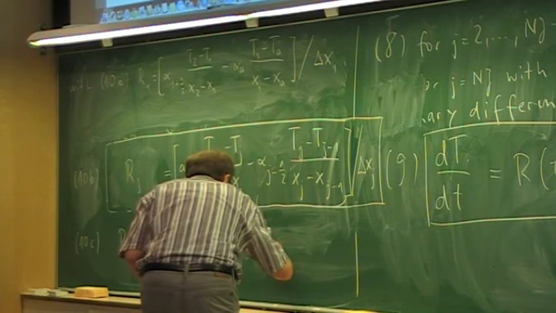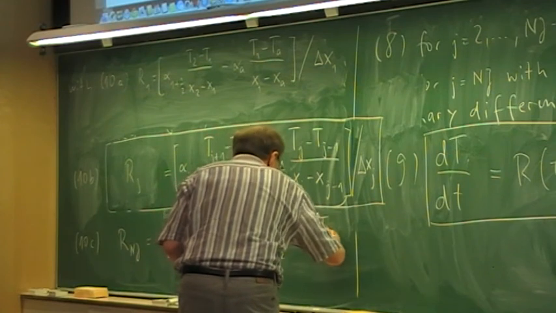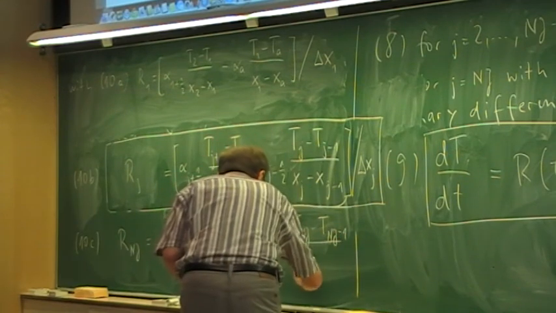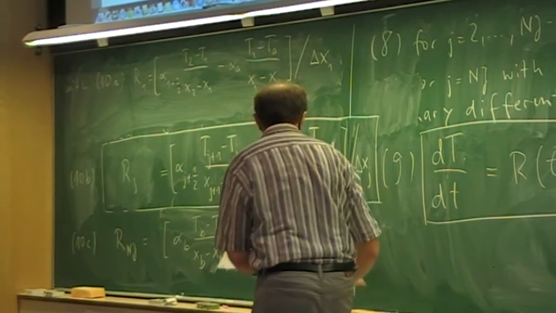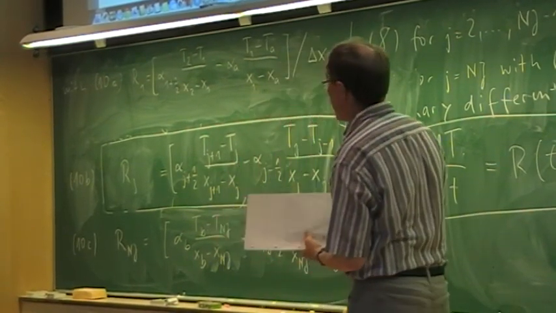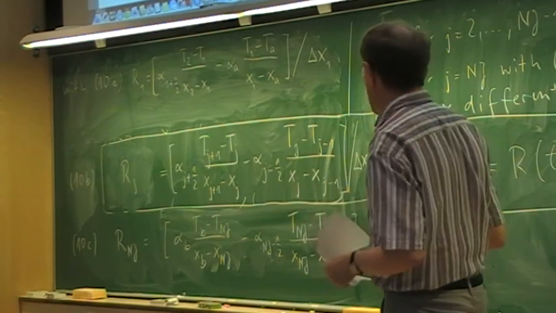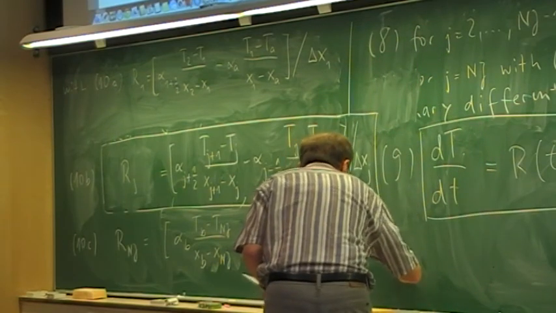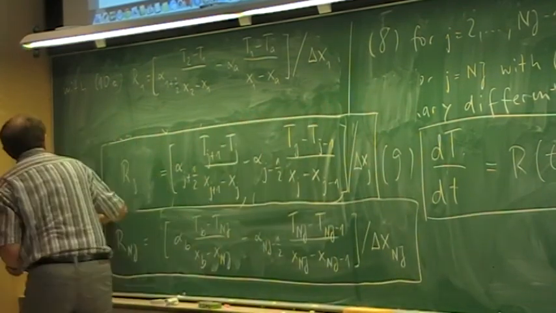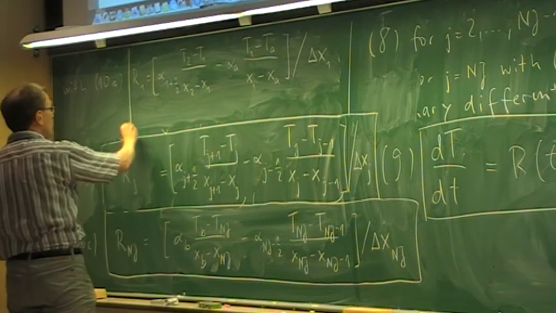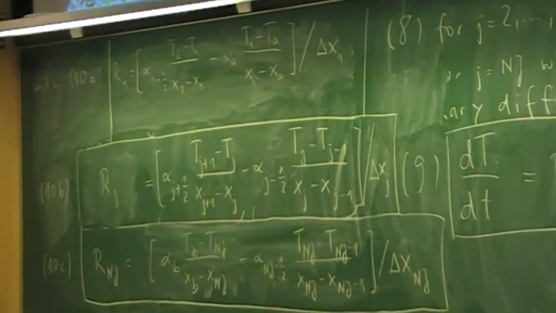That is then alpha nj minus 1/2 times Tnj minus Tnj minus 1 divided by xnj minus xnj minus 1, divided by the length of the last cell, which is then delta xnj. So that will be then the formula for nj. This was the formula for 1. So then we have our formula complete to describe the R's.